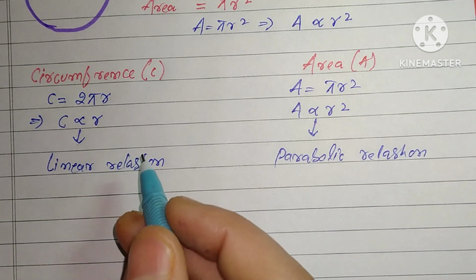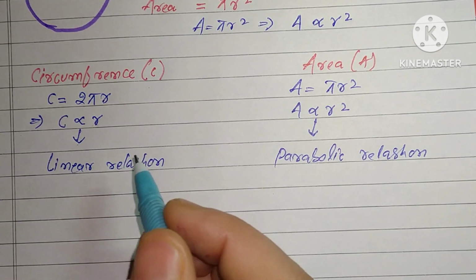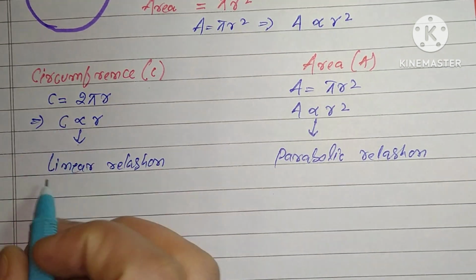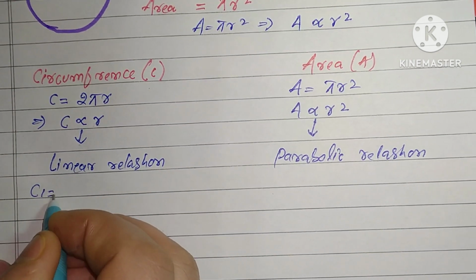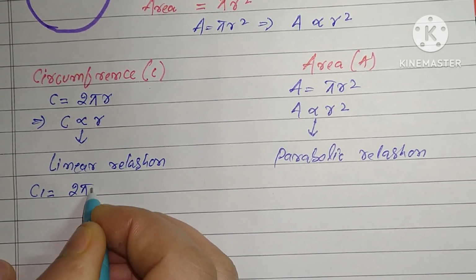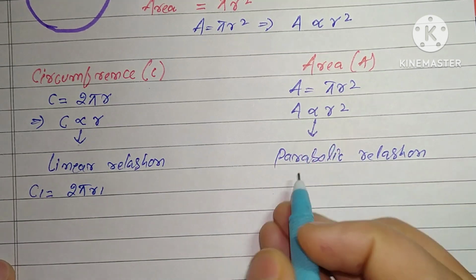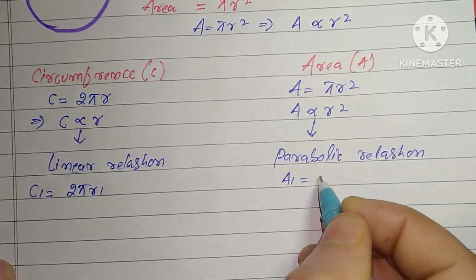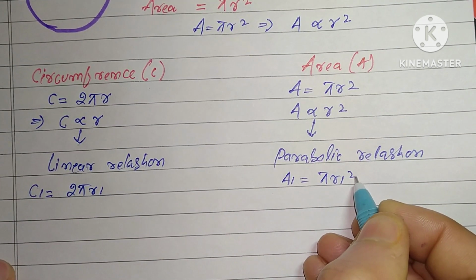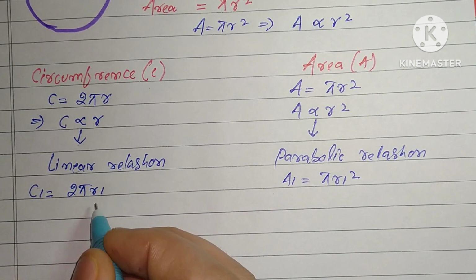Suppose radius increases by some percentage, let's take 10%. The original circumference of the circle will be C1 equals 2 pi r1 and the original area of the circle will be A1 equals pi r1 square, because r1 is the original radius.